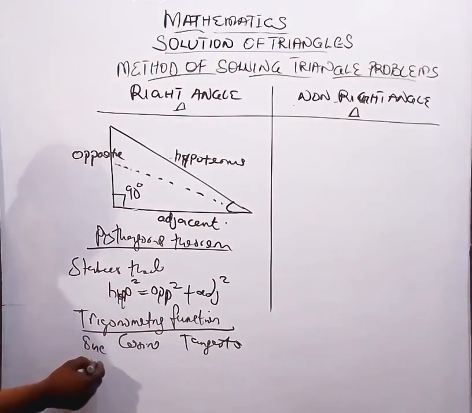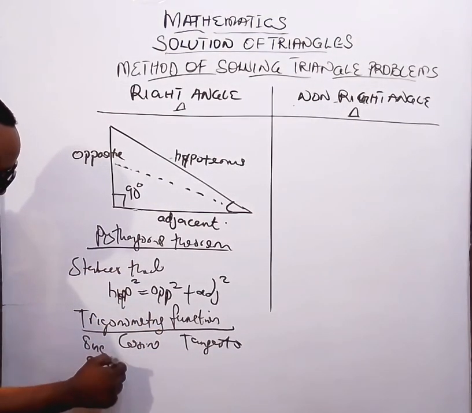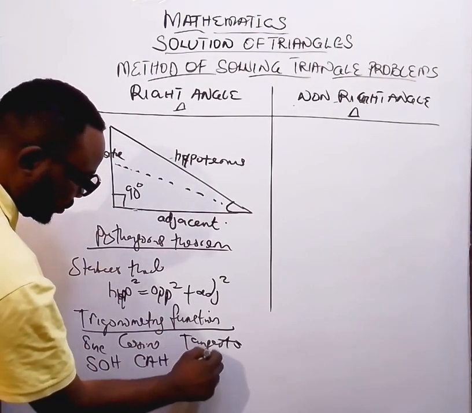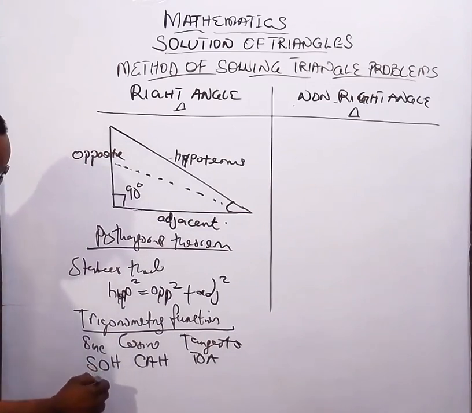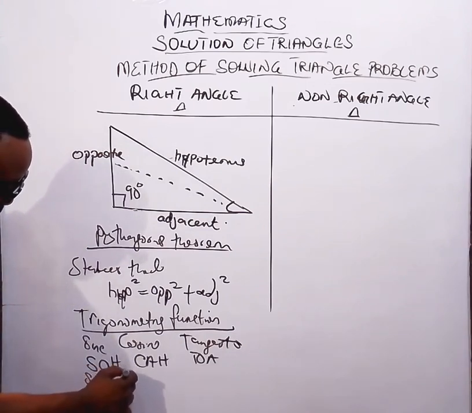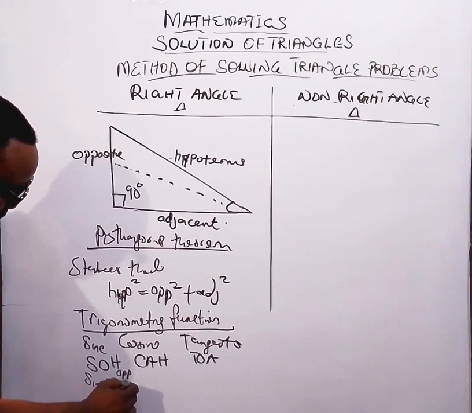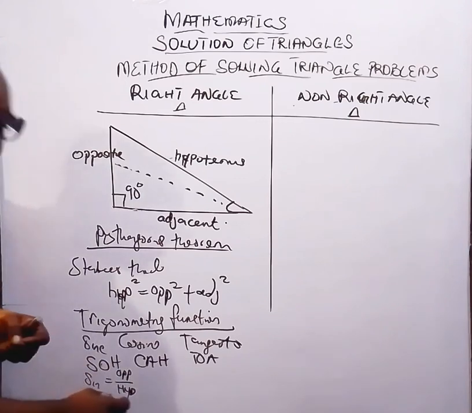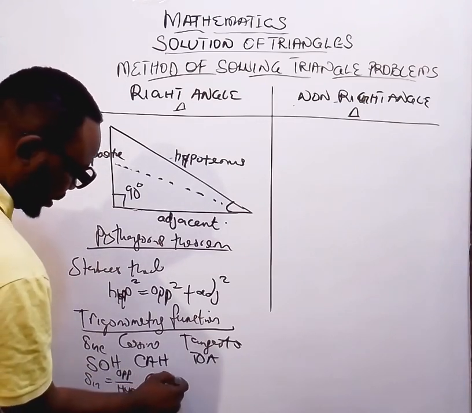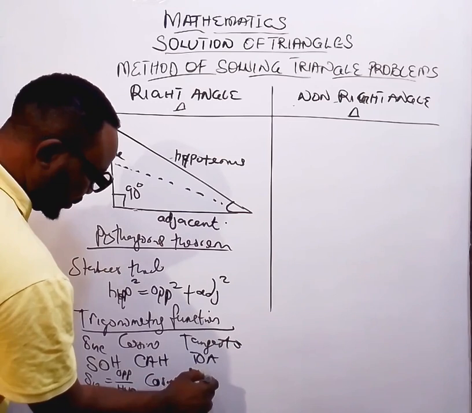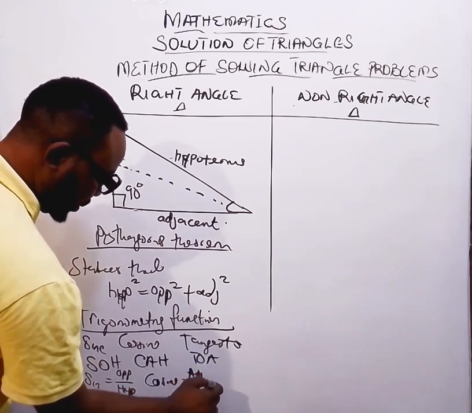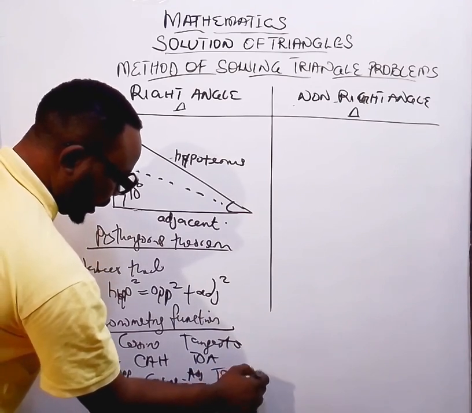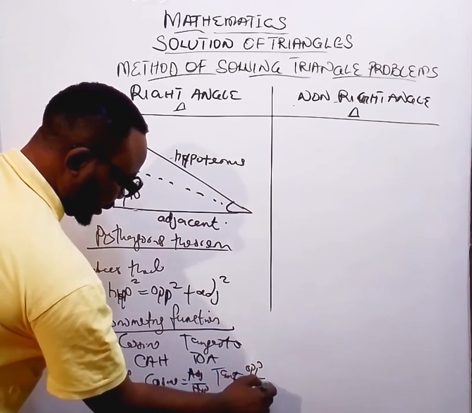Now, we have this set of information we call SOHCAHTOA. This means sine is equal to opposite over hypotenuse, where O means opposite and H means hypotenuse, cosine means adjacent over hypotenuse, and tangent means opposite over adjacent.